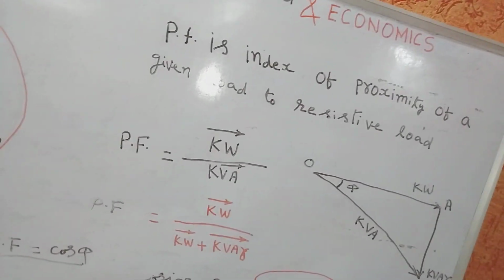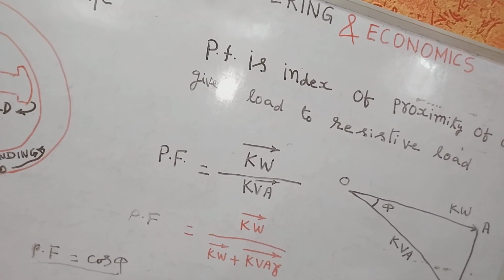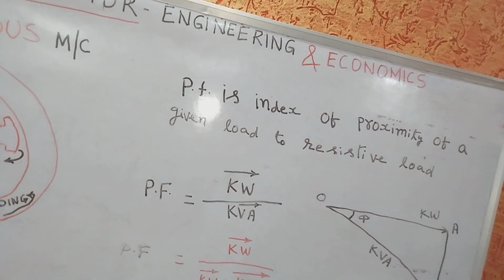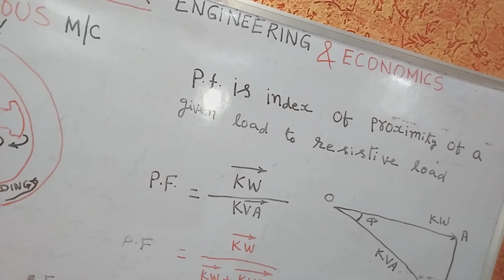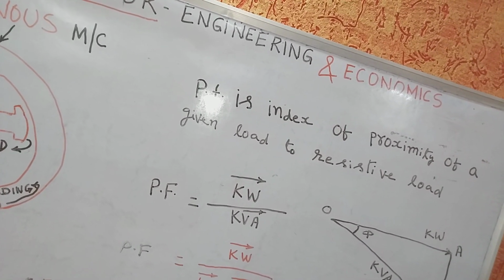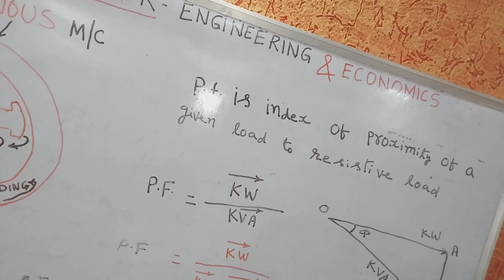The physical size and cost of AC apparatus is roughly proportional to its kVA rating. The investment in generators, transformers, and transmission equipment for supplying a given useful amount of active power therefore is roughly inversely proportional to the power factor.